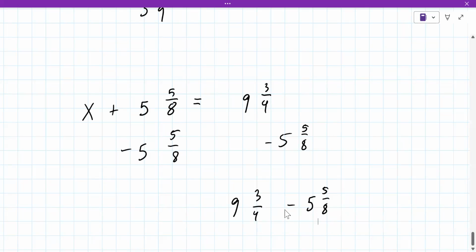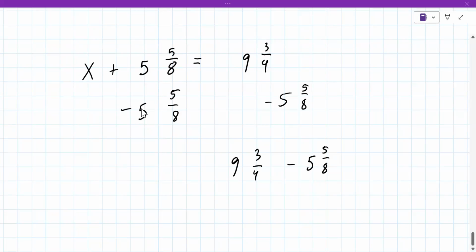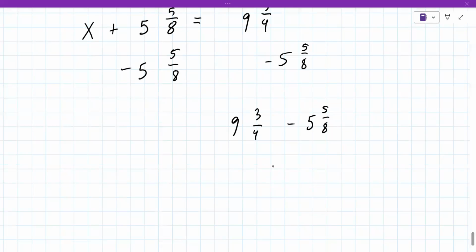Sometimes you do, sometimes you don't, and it leads you down the wrong path. So that would be 4 and 1/8.